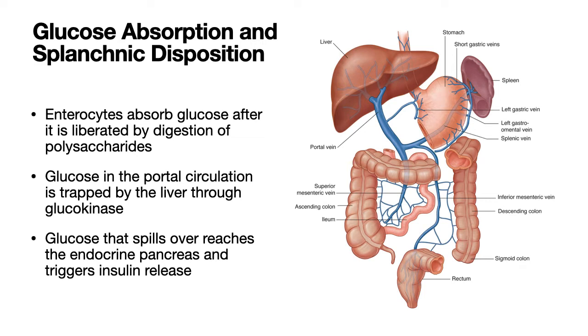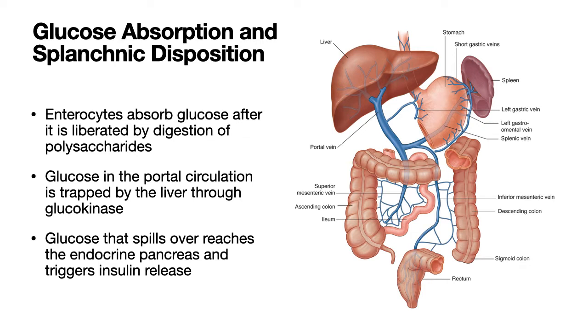So, the starch that you ate, you chew that, then swallow, and then that enters the stomach and eventually the duodenum, where the starch encounters amylase that is secreted by the pancreas, and that will digest the starch into individual glucose units.